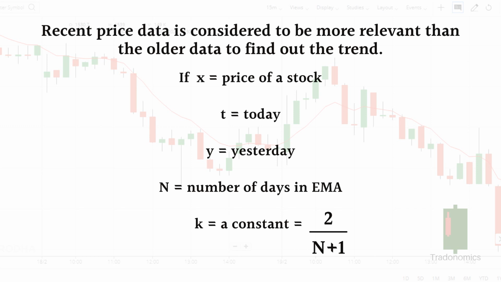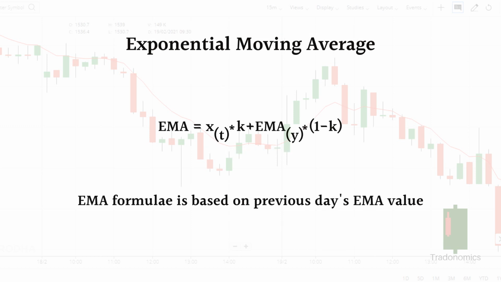Again, if X is the price of a stock, T is today, Y is yesterday, N is the number of days in the EMA or the period, and K is a constant, then this is the EMA. An EMA formula is based on the previous day's EMA value. This is how weighting is given by the exponential moving average to the most recent price.